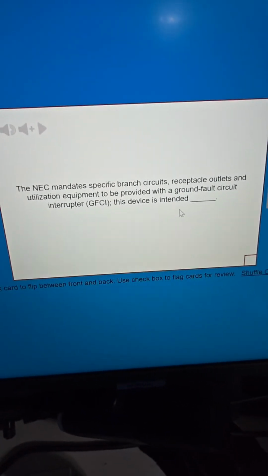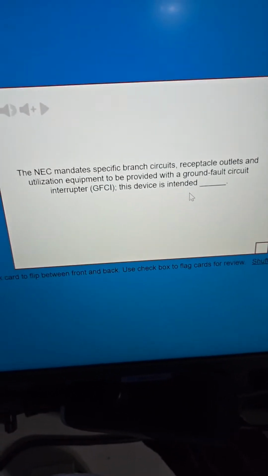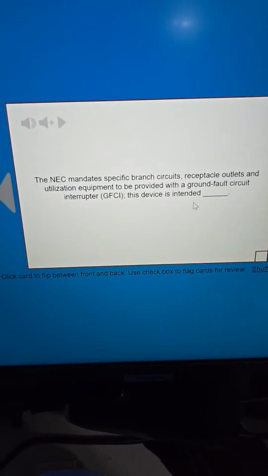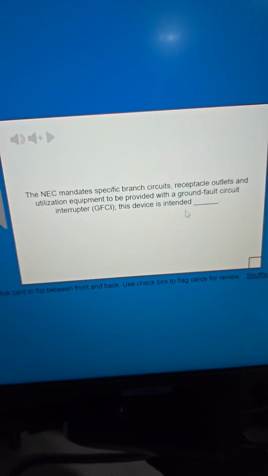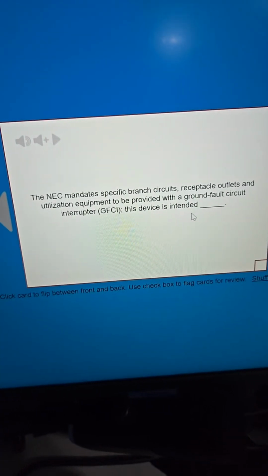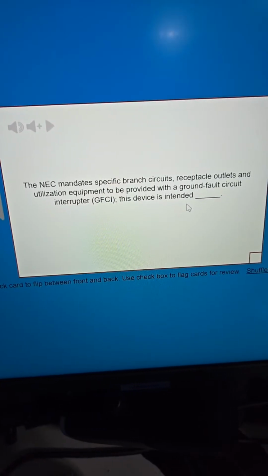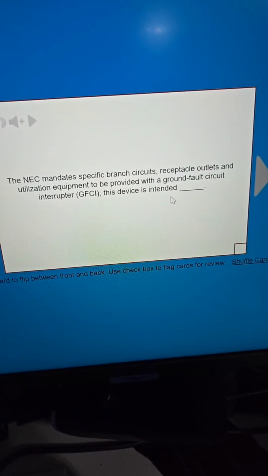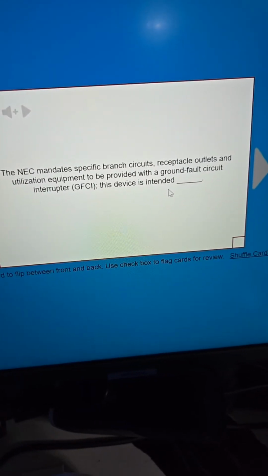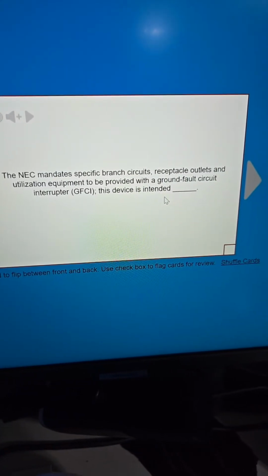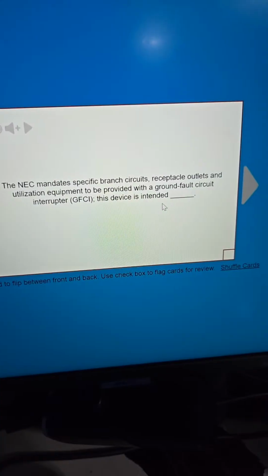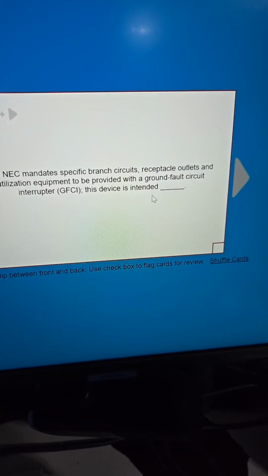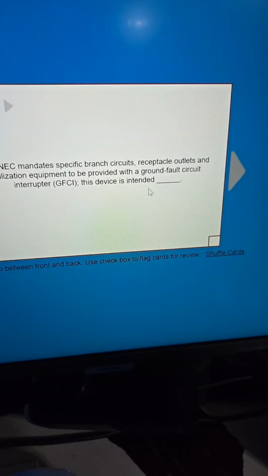Next. The NEC mandates specific branch circuits, receptacle outlets, and utilization equipment to be provided with a ground fault circuit interrupter.